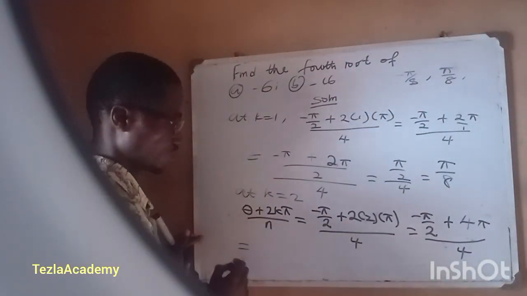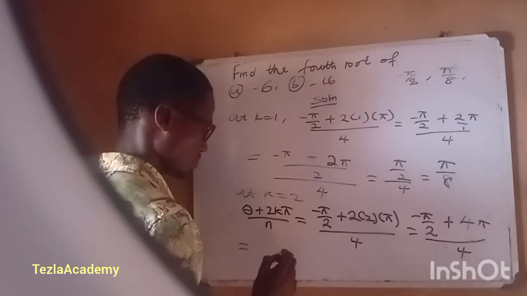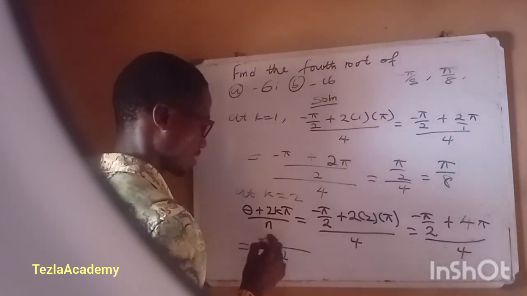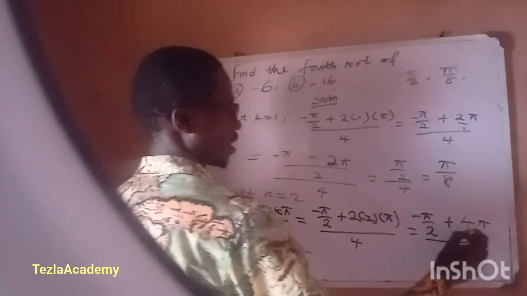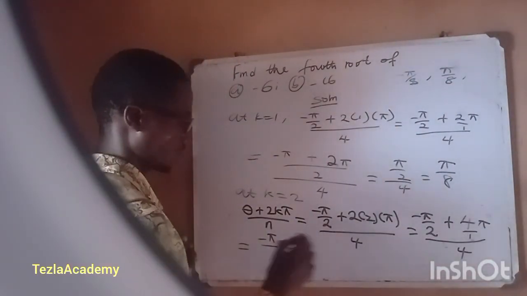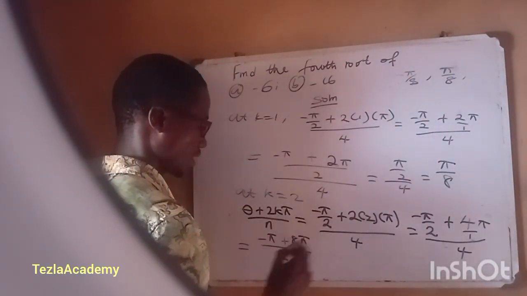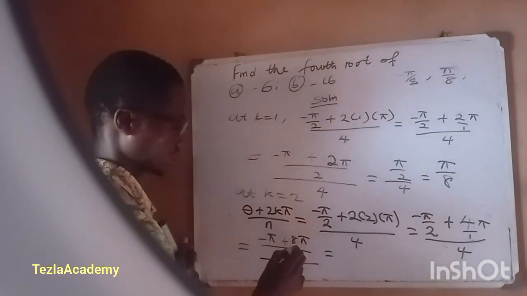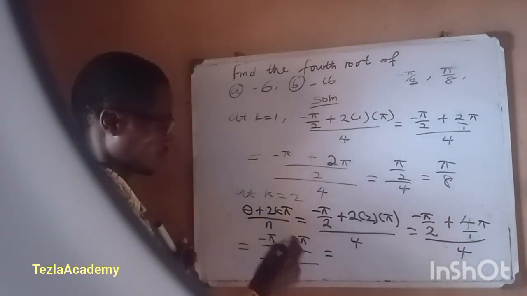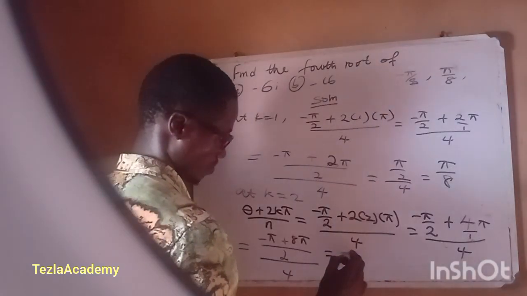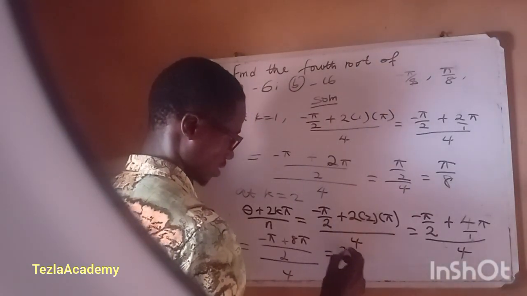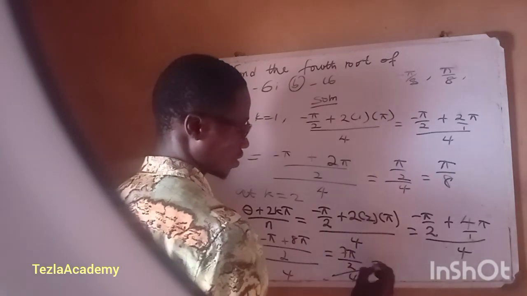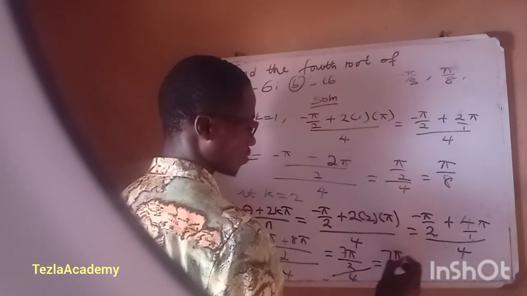And then this equals, LCM is 2, 2 divided by 2 is 1, 1 times minus pi is minus pi. 1 divided by 2 is 2, 2 times 4 is 8, plus 8 pi all over 4. This equals 7 pi over 2 all over 4, equals 7 pi over 8.